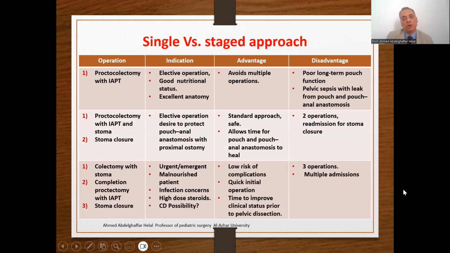The pediatric surgeon should choose between these options depending on the clinical condition of the patient, depending on the experience of the pediatric surgeon with various techniques, depending on the state of the disease, the nutrition of the baby, and the consultation of the parent and the patient. If the condition allows flexibility, they should be included in this discussion. Single surgery, 2 stages operation, or 3 stages surgery.